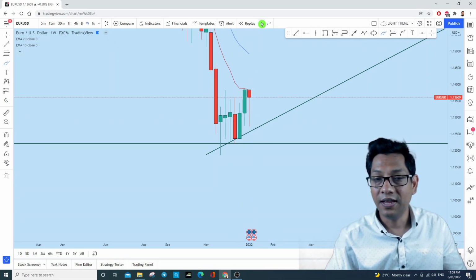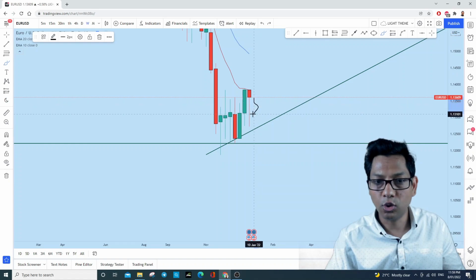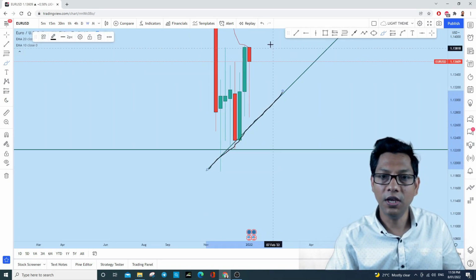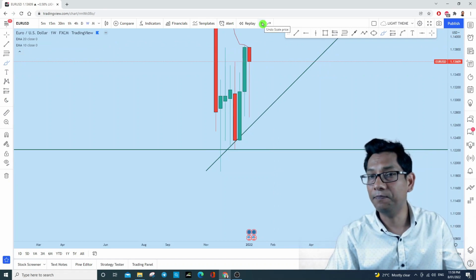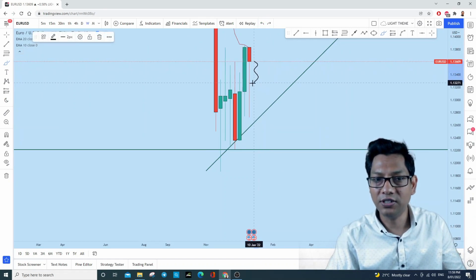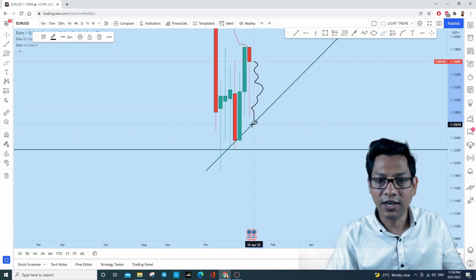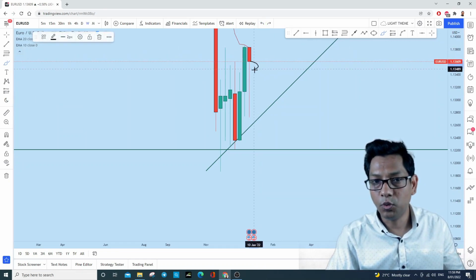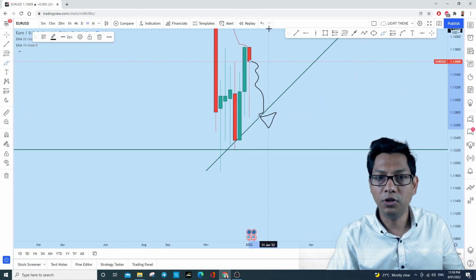That means there is a high probability that the next one will come and fill this wick. This line is where you are expecting the monthly trend line to be. So in the next trading week we might see the price come down here to test this trend line on the monthly and then push to the upside.